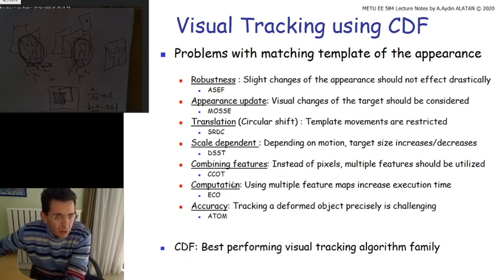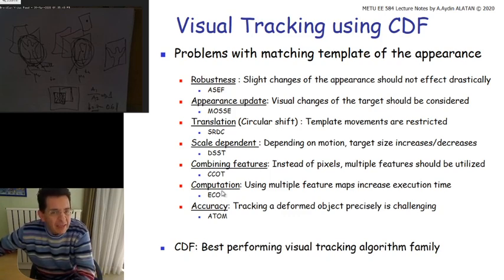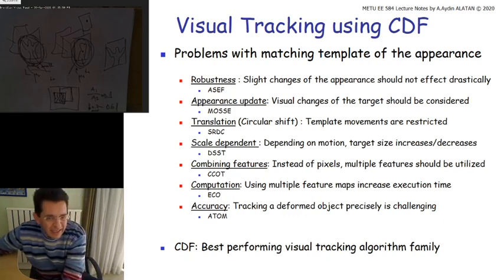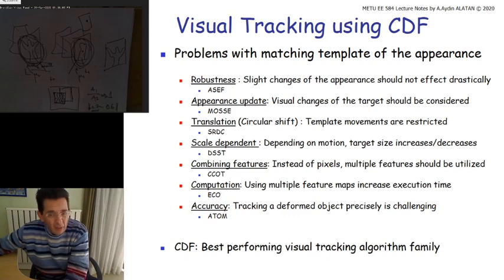We were able to do it, but computation increased, and ECO basically gave us a computation improvement. And finally, ATOM basically improved accuracy with the help of using object detectors at the end. I think this CDF family is one of the best performing visual tracking families, and it has improved until now.